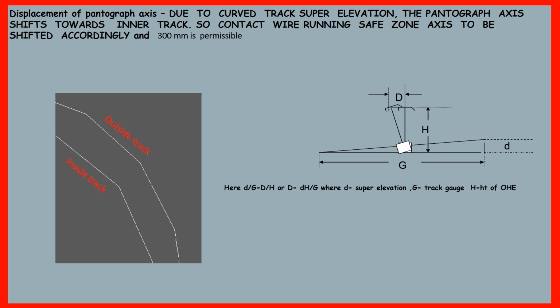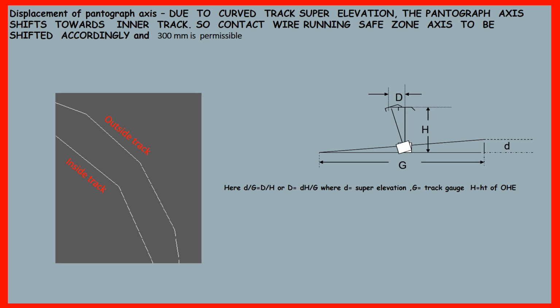Due to this, the loco pantograph also shifted. How much shifted? It has been shown in the calculation. If the elevation is d, then the displacement D is equal to dH by G. It is, in capital D, equal to super elevation small d into height of contact wire divided by track gauge.